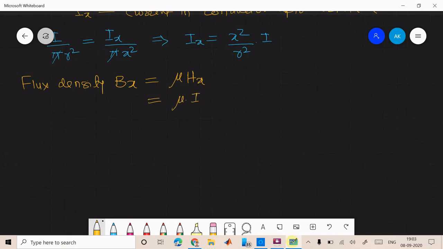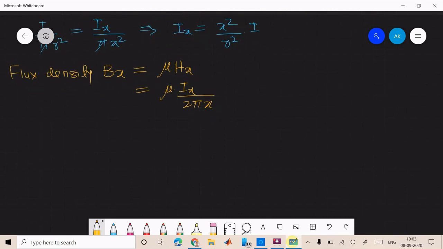Hx is your Ix over 2 pi x, where this mu is equal to mu naught mu r. Mu naught is your permeability of free space and mu r is your relative permeability of the material.